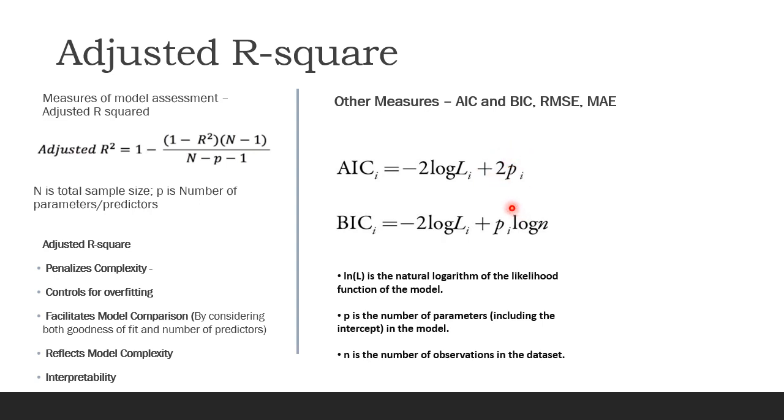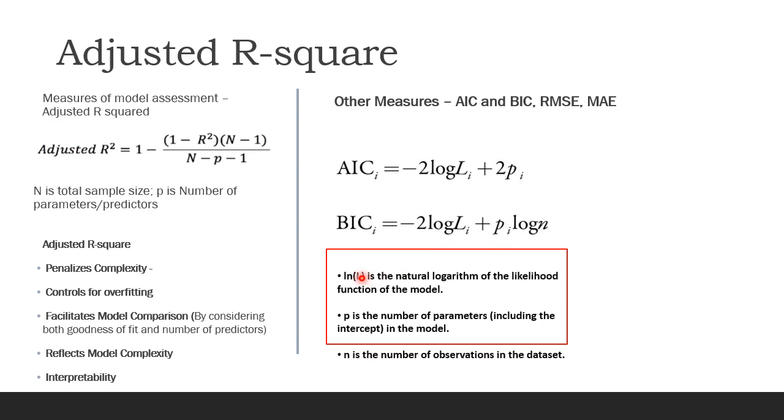Now this penalty term becomes even more severe in BIC, the Bayes Information Criterion, which also incorporates the number of observations in the data set. Because we see that if the number of observations in the data set is low, then the variation is very high after penalizing. So this is a more balanced approach where we are also accounting for the number of observations in the data set.